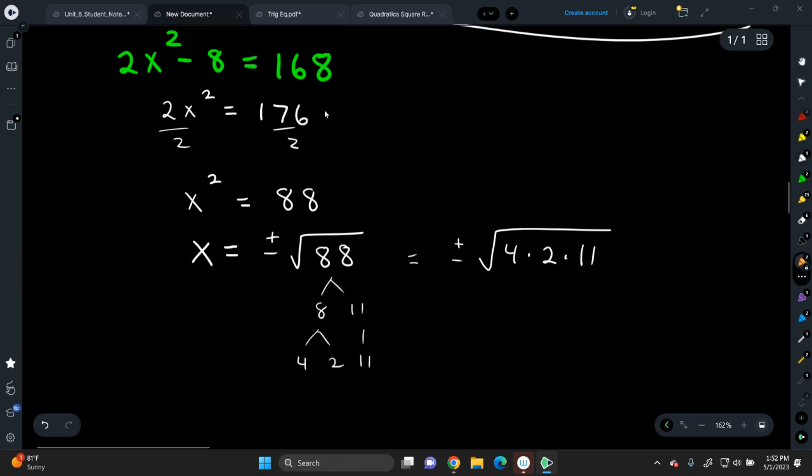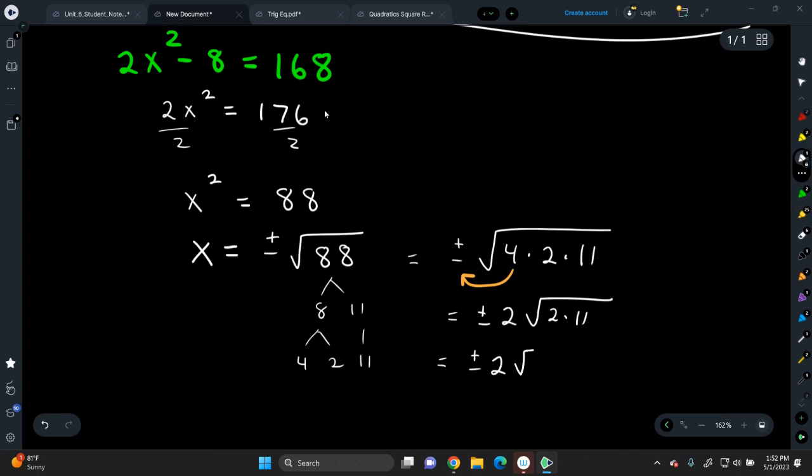Then we can take the square root of 4 out. So we get plus or minus 2 root 2 times 11. So our final answer is plus or minus 2 root 22.